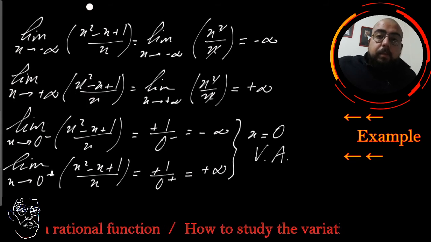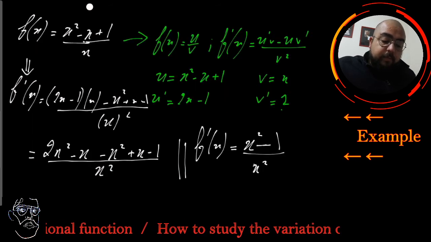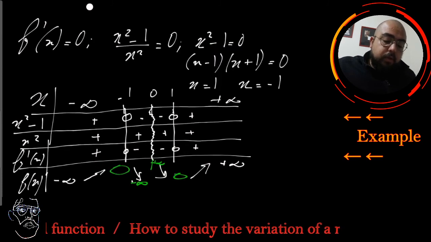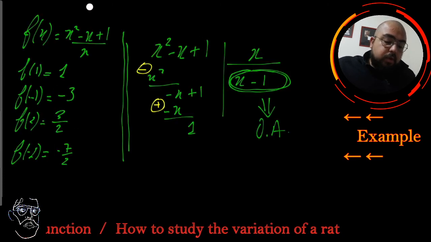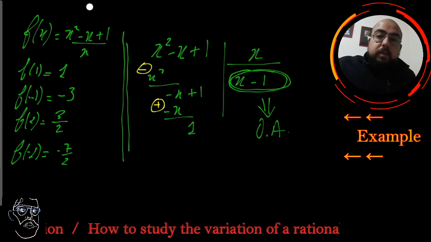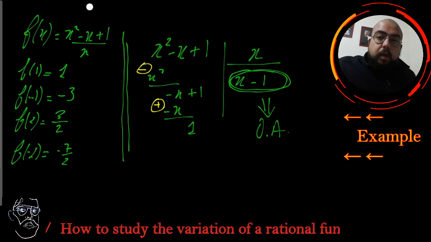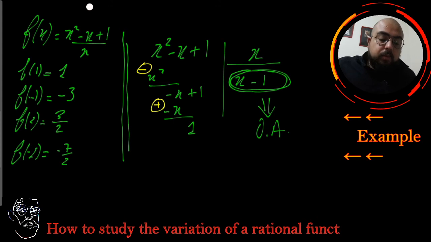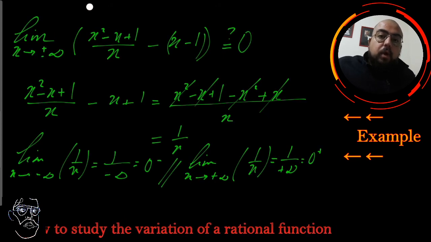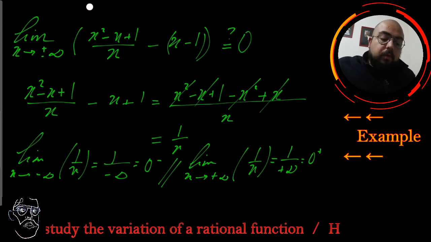Then from the limits I was able to find a vertical asymptote, f prime of x, which would help me to do the table of variation. From the table of variation, of course, I can choose some particular points. Plus, I was able to find the equation of my oblique asymptote. And right now I know how to verify whether this oblique asymptote is actually the right equation.